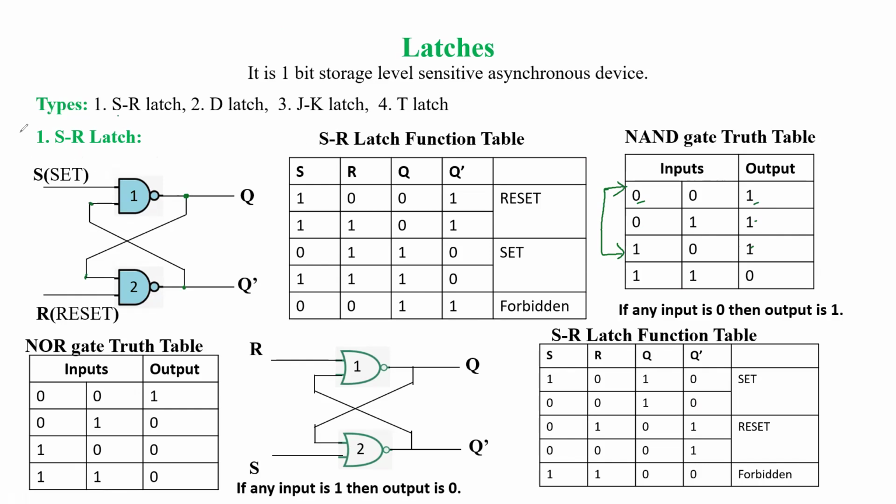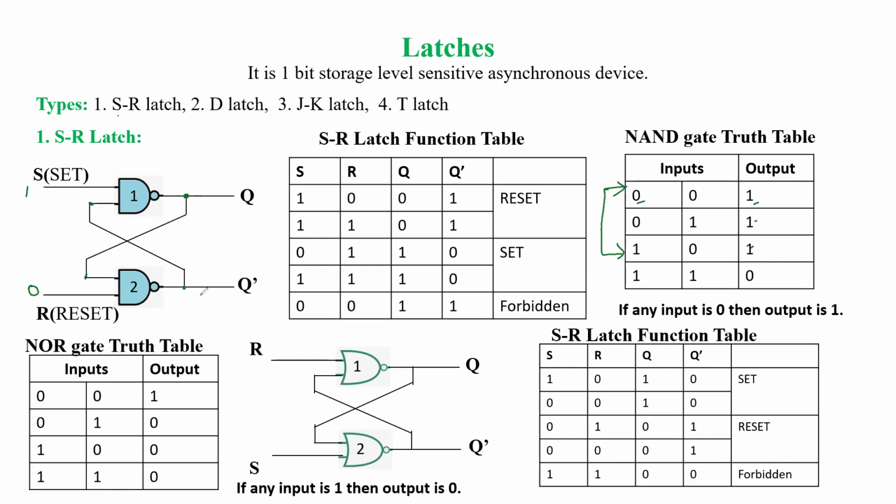Now for the initial condition, to understand the operation, we are taking S as 1 and R as 0. Since we know that in NAND gates, if any input is 0, we are sure the output is 1, here for NAND gate 2, one input is 0.